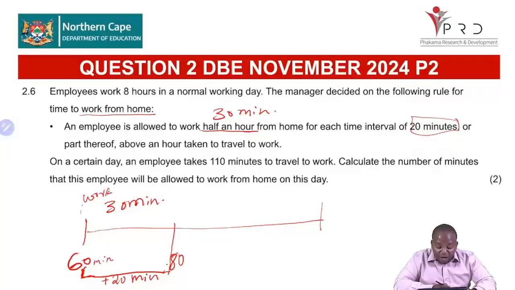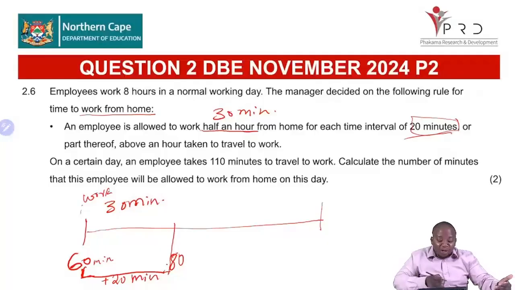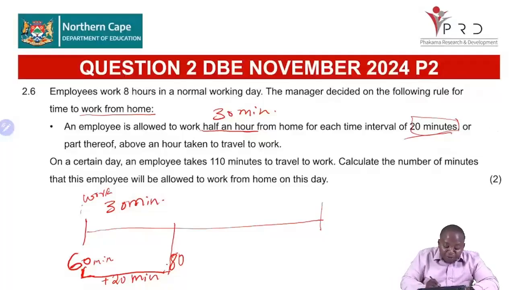We are now going to proceed with this information. Let's read again. An employee is allowed to work half an hour, so you'll only work 30 minutes at home, for each time interval of 20 minutes. So from the 1 hour you are traveling, for every extra 20 minutes, you'll be allowed to work 30 minutes in a day, right? Or part thereof above an hour taken to travel to work. That is to say, it doesn't necessarily have to be 20 minutes.